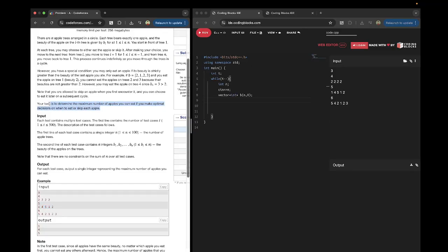Maximum number of apples. So will there ever be a case where we are not able to eat all of the apples? Of course, there is a case here.